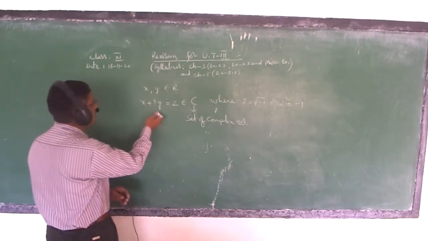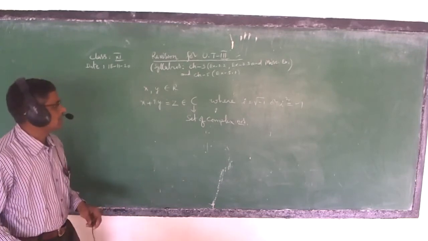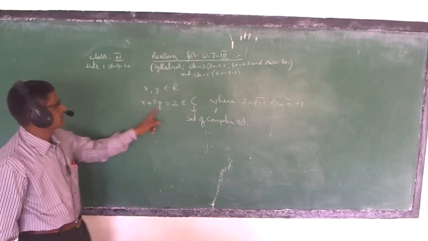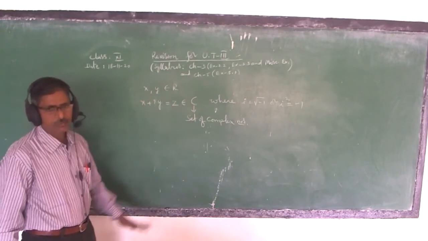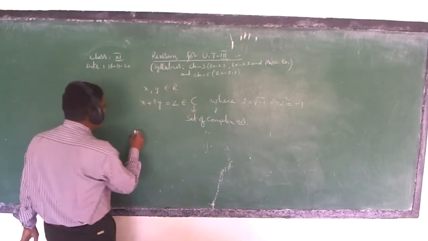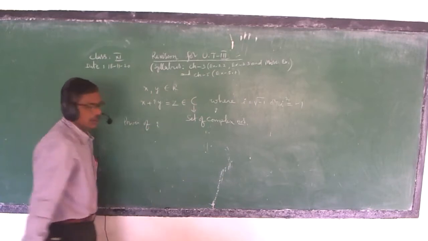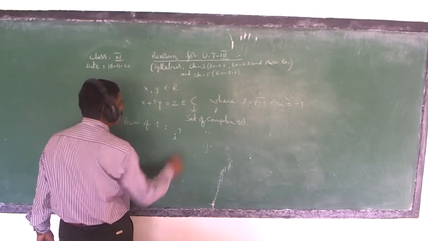So x plus iy is the standard form of a complex number, right? And complex numbers may normally be denoted by z, and belong to the set of complex numbers. Now, power of i. How to find out the power of i? Suppose i power 7 is there.